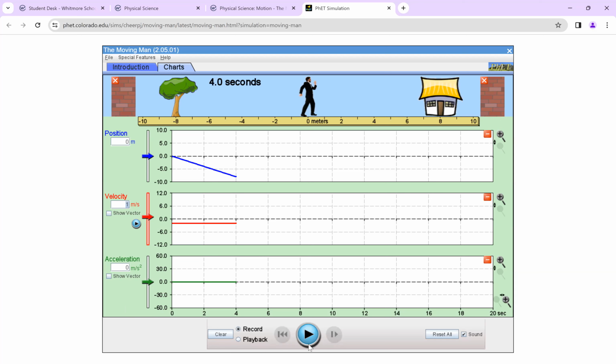Okay, so I'm going to hit play. Okay, it took him 12 seconds. Well, he started at 4, so it only took 8 seconds to get there.